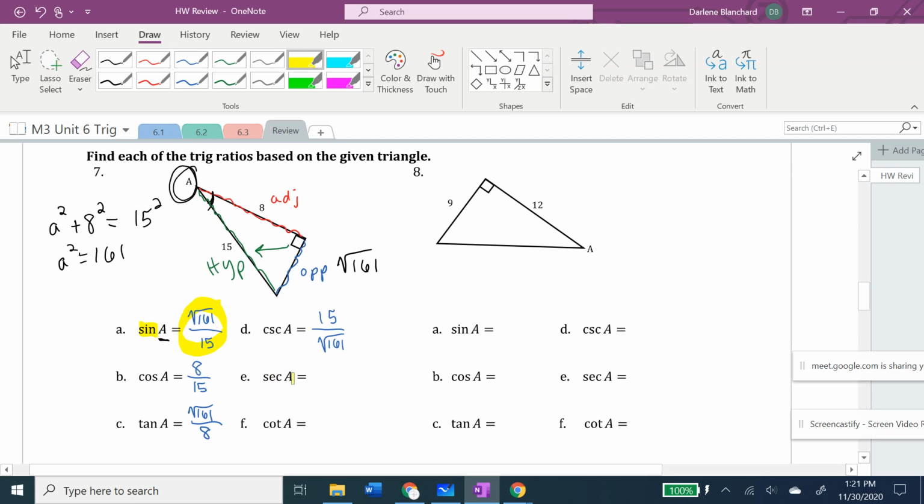Who is the reciprocal of secant? Cosine. So all you have to do is look at cosine, flip it around, boom. And then cotangent, do you guys have that one? Tangent's reciprocal.